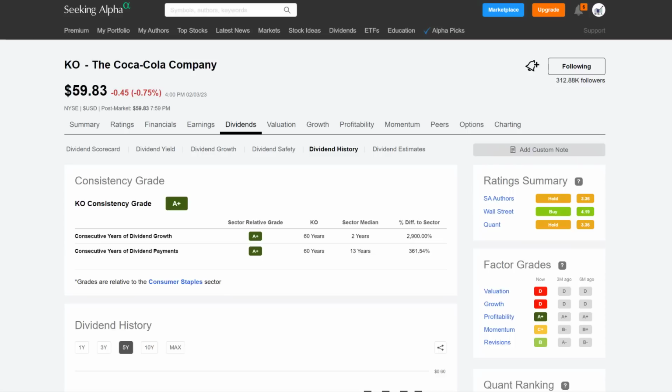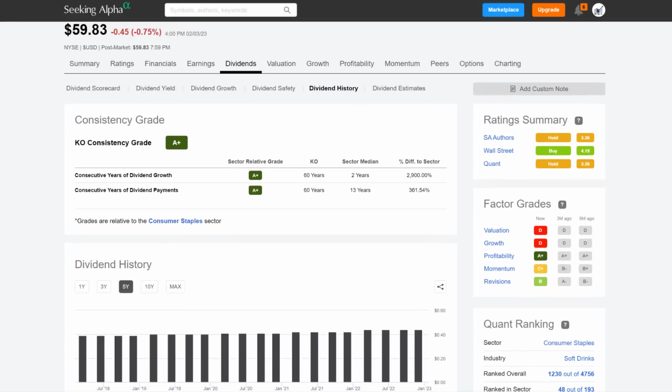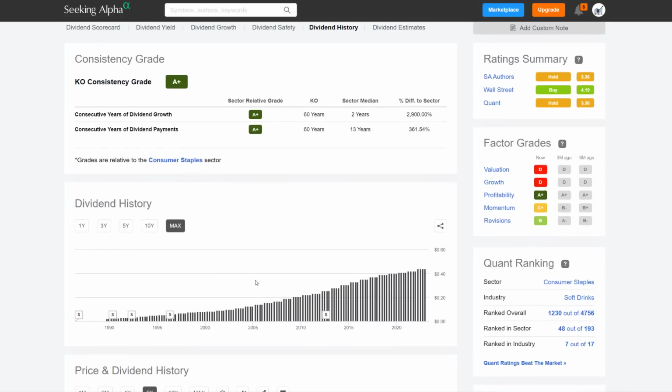If we look at the example of Coca-Cola, it's really just a sugar water company. Obviously there's much more to it than that, but at its core it's a boring business, but it's a business that serves a fundamental need in the marketplace, and you can see that through its results and its growing dividend.